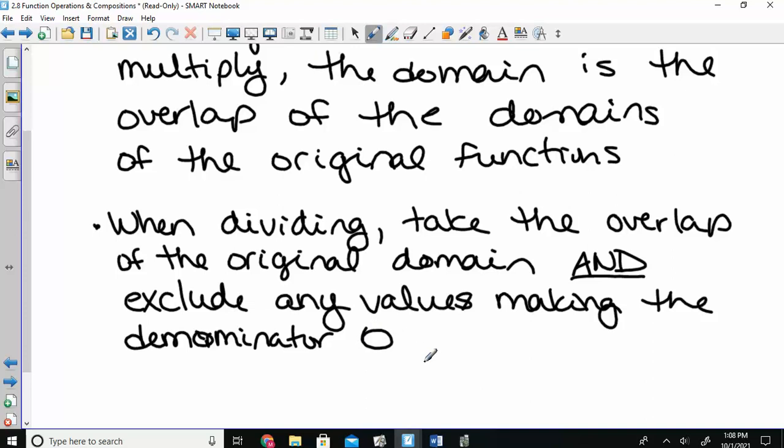So it starts out the same as the other domains, but we also have to make sure that the denominator isn't going to turn into 0. So let's look at an example where we have to give the domains. This will probably be the last one I do today.